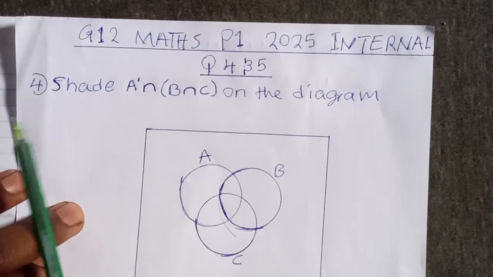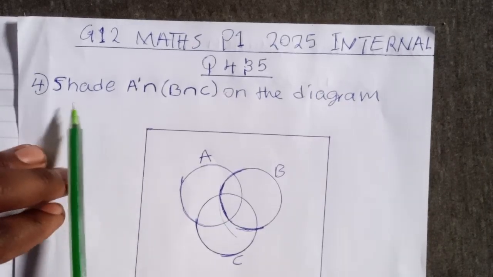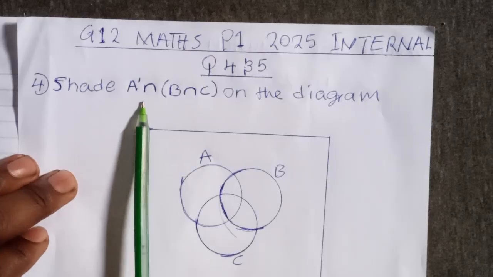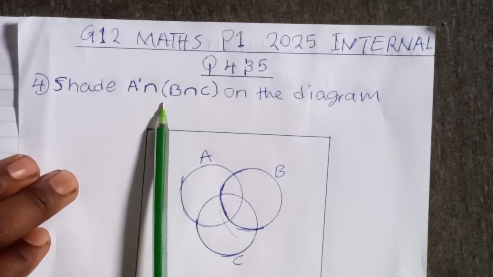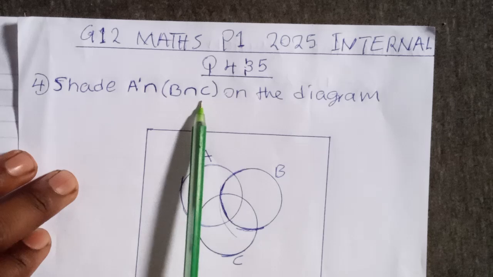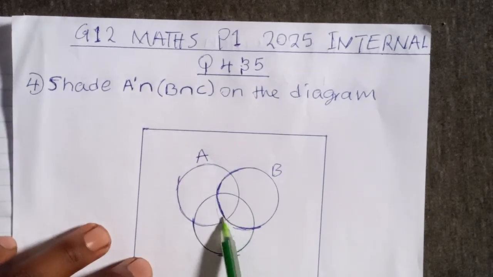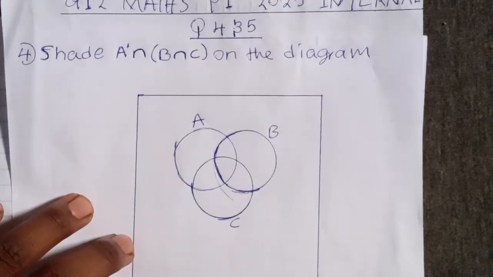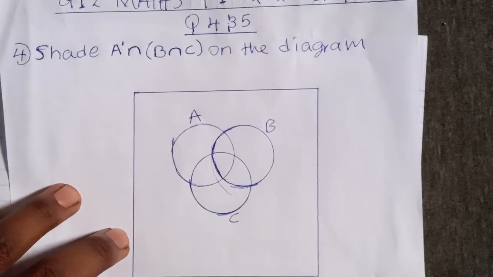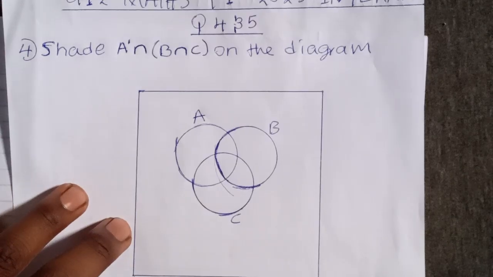Question 4 reads: shade A complement intersection (B intersection C). These are questions that you shouldn't fail because they are simple and straightforward. For this Venn diagram, the first thing you should do is label it.